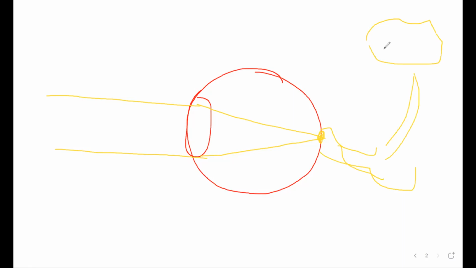Today, if you are long-sighted or short-sighted, it basically means to say your lens is not as ideal as you want it to be, meaning to say your lens does not help your light rays converge into the proper position. If you have short-sightedness, probably your light rays are converging before the end of your eyeball here.